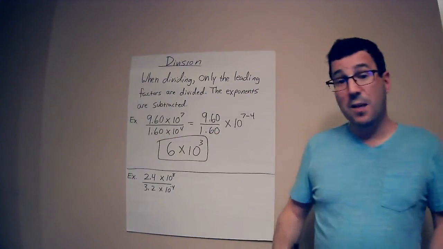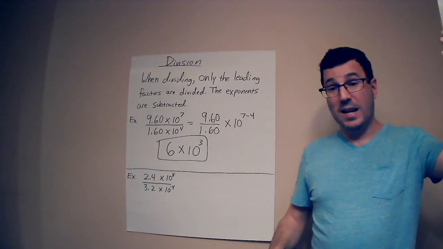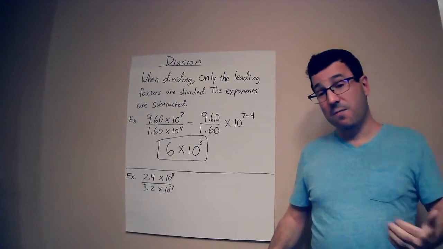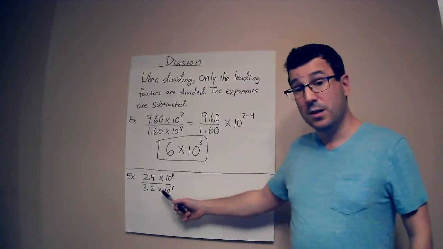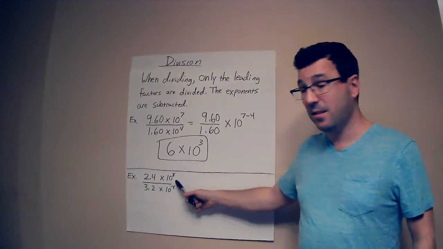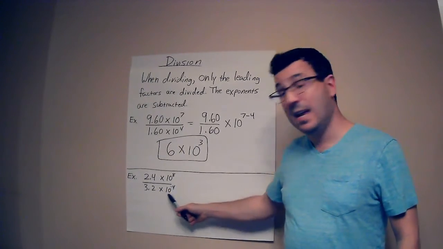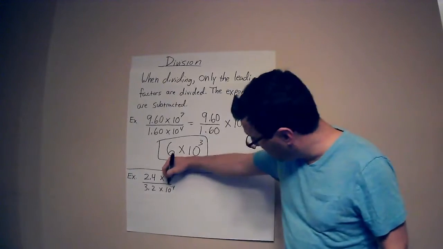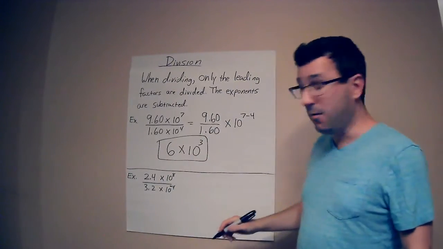Our last example is, what if we divide and the number we're dividing is being divided by a number that's larger than it? So an example, here we have 2.4 times 10 to the 8th divided by 3.2 times 10 to the negative 4. It's a little tough to see it because I drew it kind of small, but that's a negative 4.